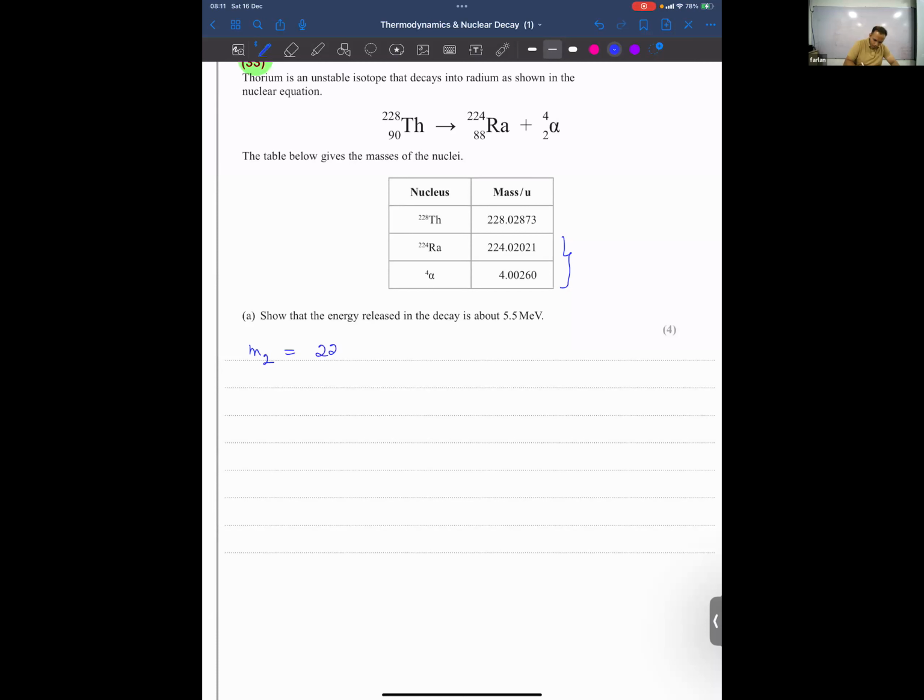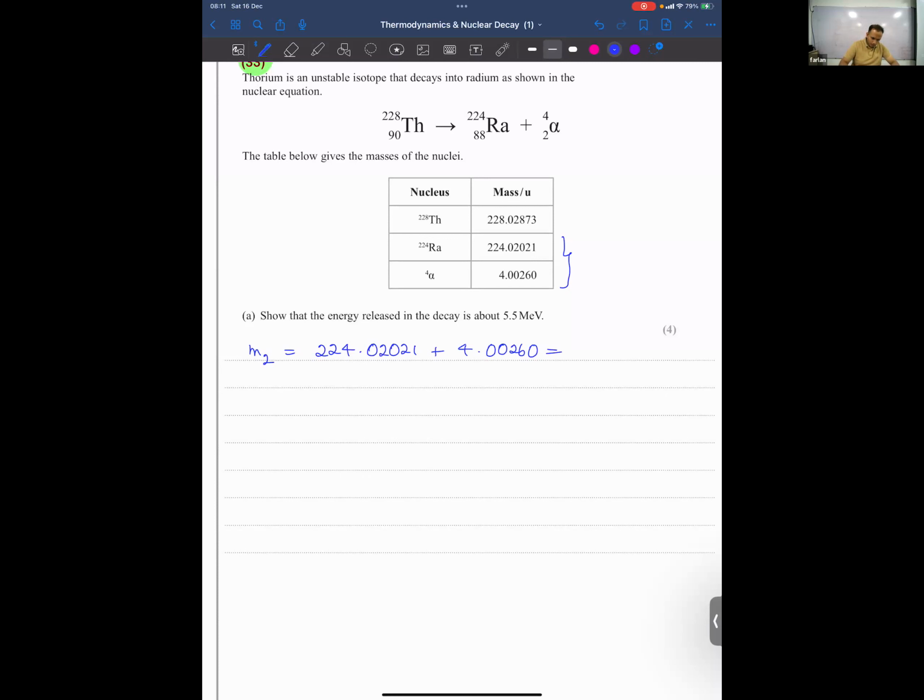224.02021 plus 4.00260. That is going to be 224.02021 plus 4.00260.